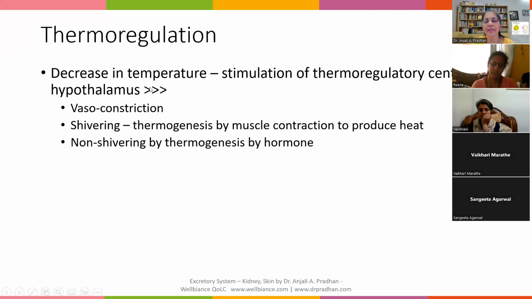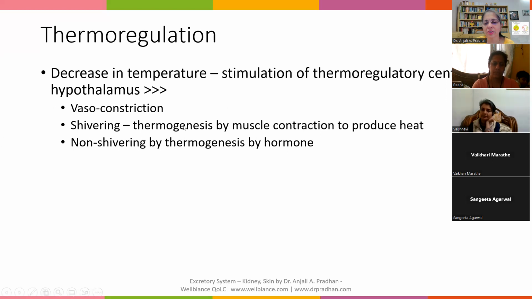When there is decrease in temperature, again there is stimulation of the thermoregulatory center which is present in the hypothalamus. It causes vasoconstriction. When vasoconstriction happens, blood supply to the skin decreases, and so evaporation or formation of sweat decreases.